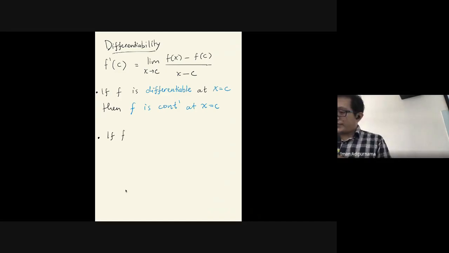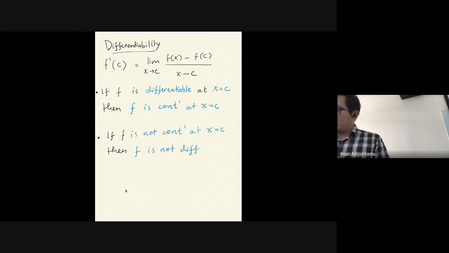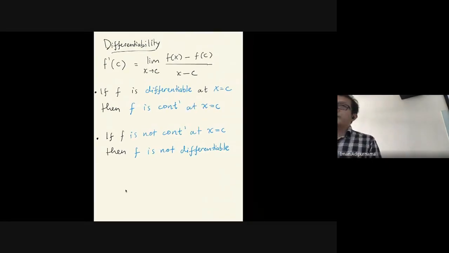The second one, if f, the function, is not continuous at x equals c, then function is not differentiable. So the function is differentiable if the function is continuous. So you need to check the continuity. The first thing is to check the continuity. So how to check the continuity?